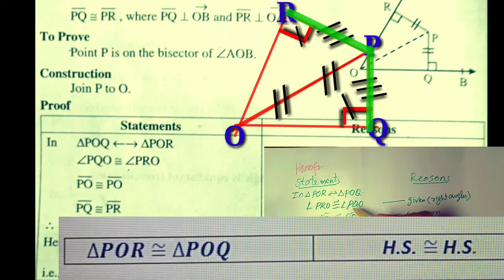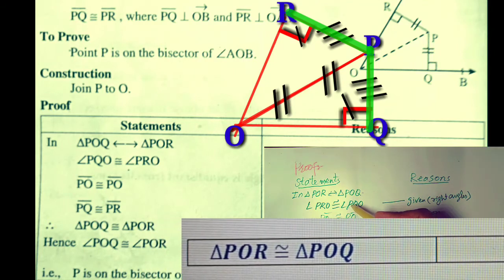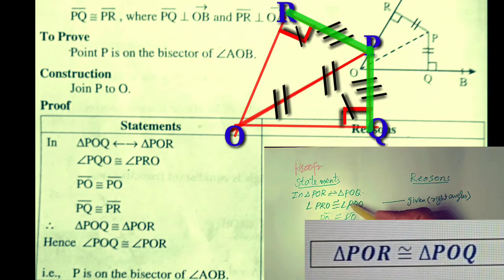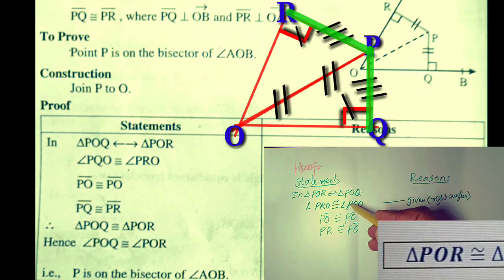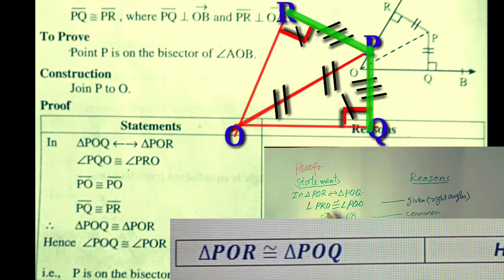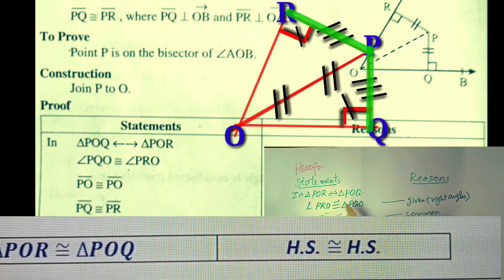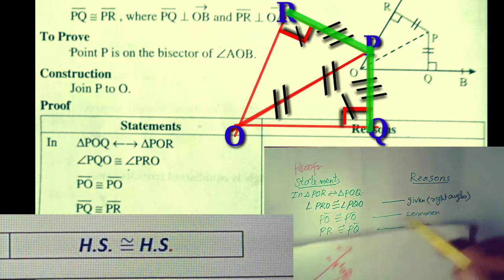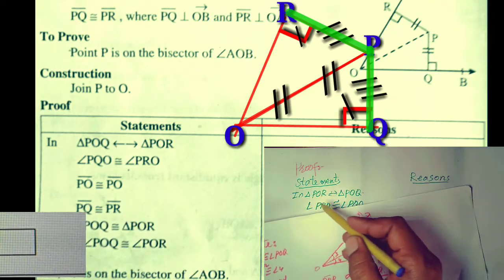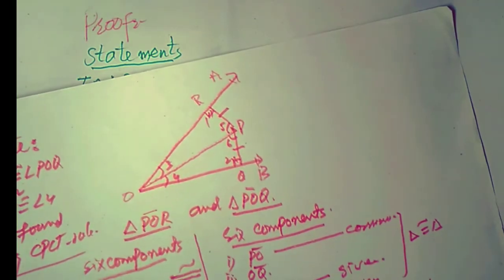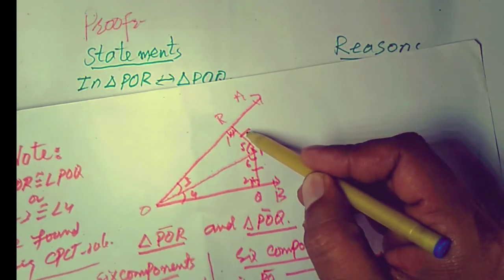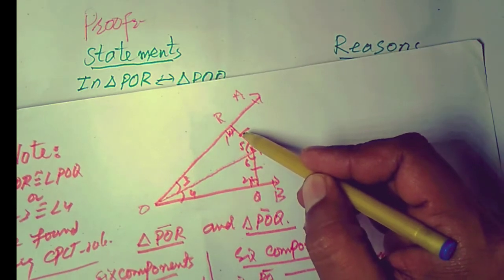With the help of three congruent pairs of components, we make the two triangles congruent. We know that triangle POR has 6 components, in which 3 sides and 3 angles.